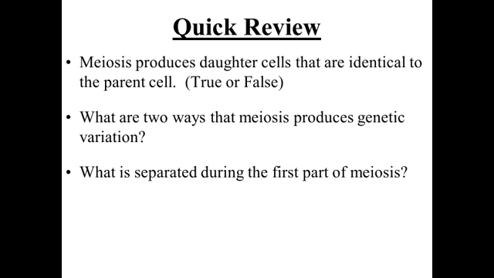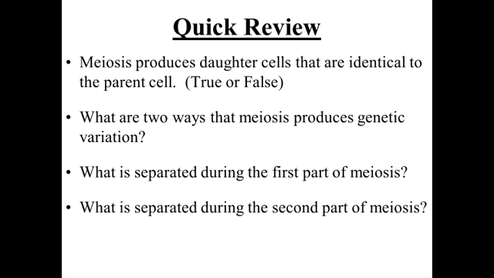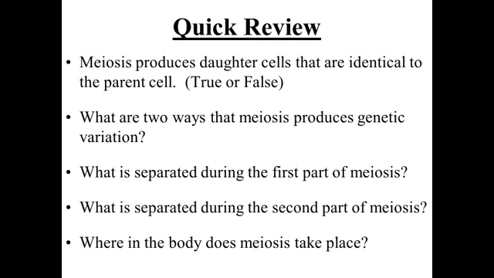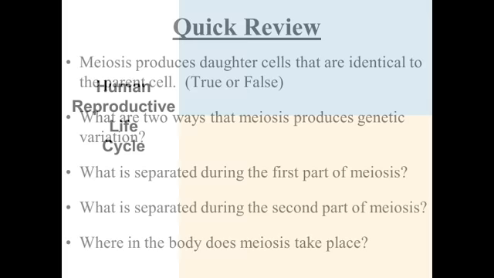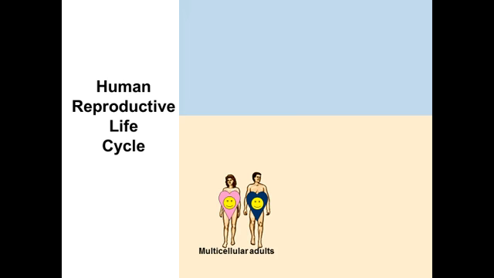What is separated during the first part of meiosis, and what is separated during the second part of meiosis? You might want to answer these on the left-hand page of your notebook. And where in the body does meiosis take place?